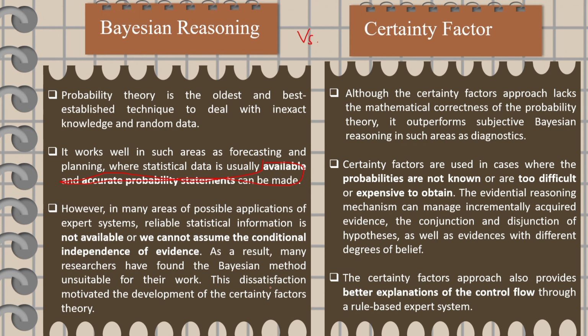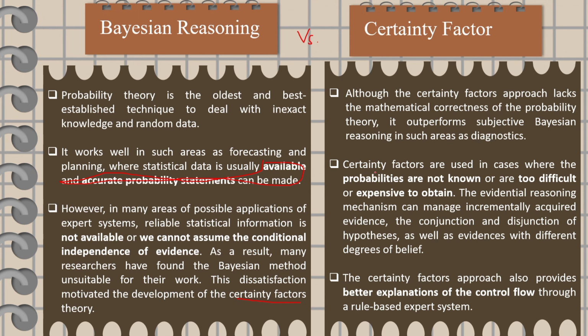The dissatisfaction motivated the development of certainty factors theory. So in certainty factor, although the approach lacks the mathematical correctness of the probability theory, it outperforms subjective Bayesian reasoning in such areas as diagnostics.